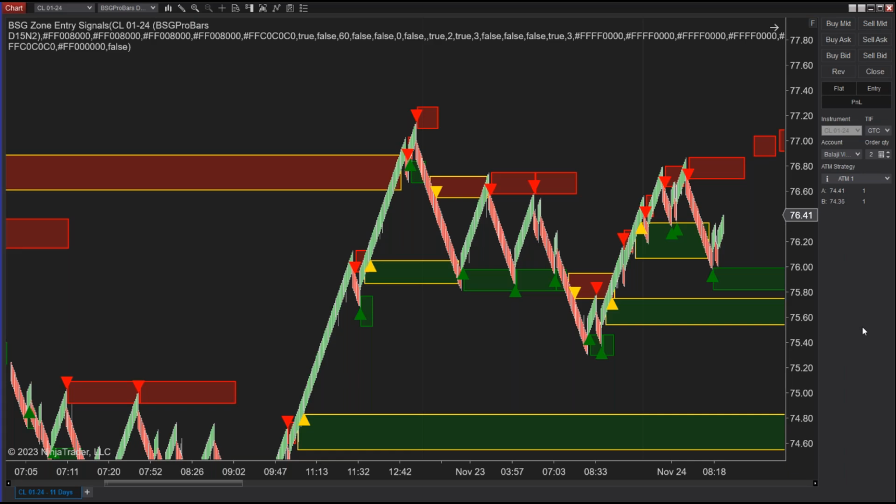I'll tell you why levels are most critical. We're not going to show anything on any minute chart, because we recommend only this setup. You have to trade the zone entry signals on a pro bar chart. That's one of the requirements that we have.